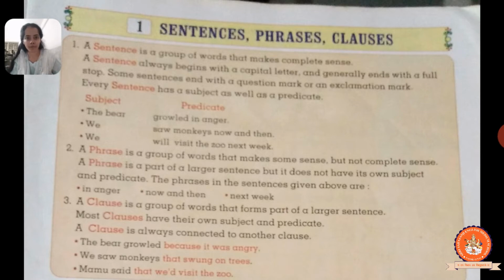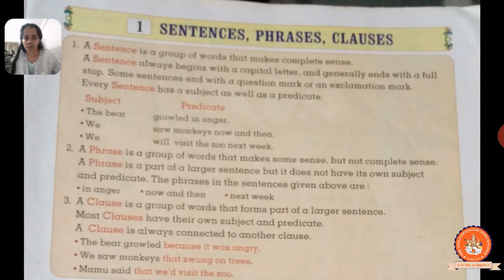We put the full stop at the end of the sentence. Some sentences end with a question mark or an exclamation mark. So there are different kinds of sentences, right? Some sentences end with a question mark, some end with an exclamation mark. We will see further what kinds of sentences there are.